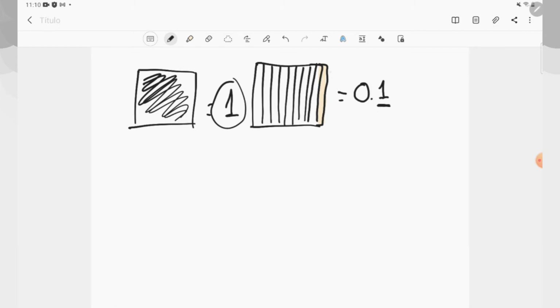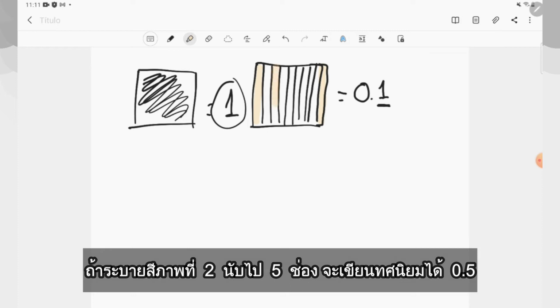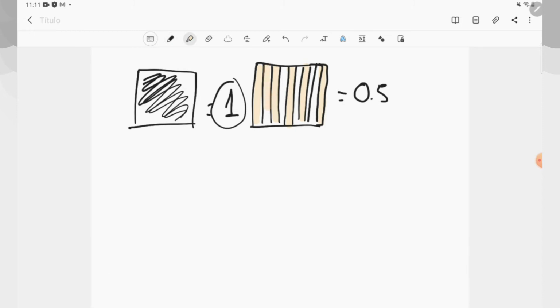How many parts do you see colored? 1, so you write 0.1. For example, if there were 1, 2, 3, 4, 5, it would be 0.5. What happens if it's 8 parts? It should be 0.8.